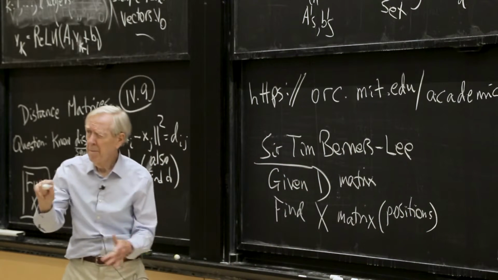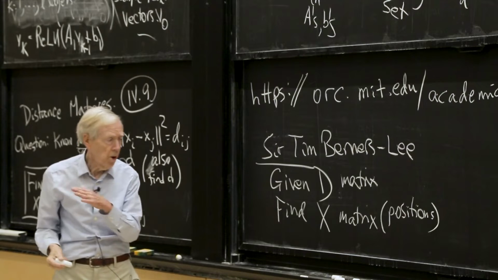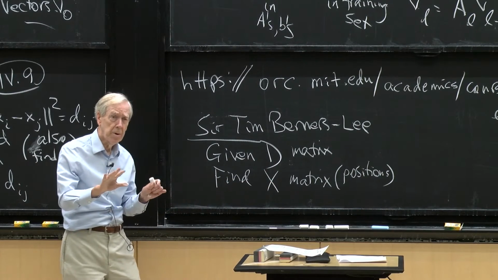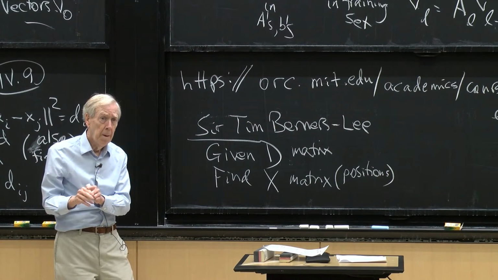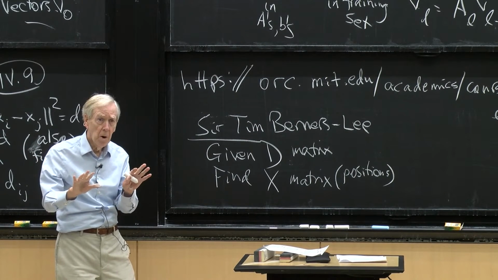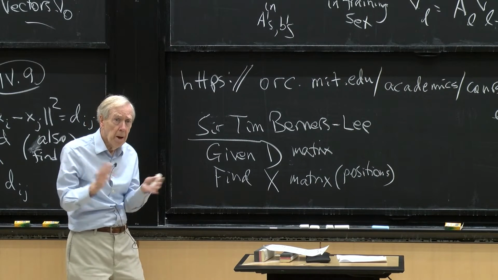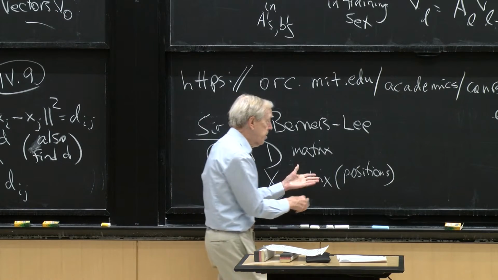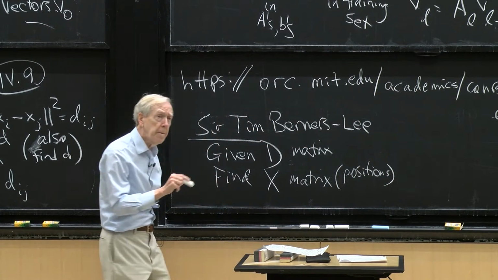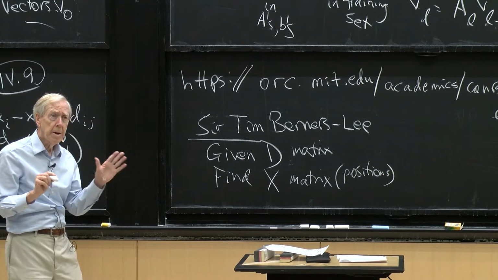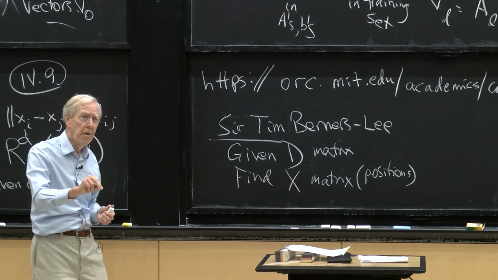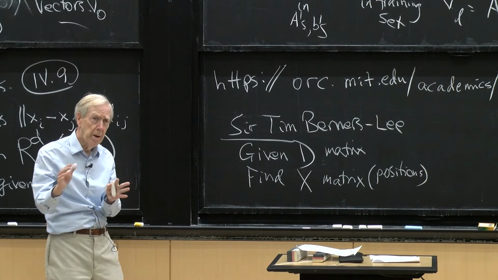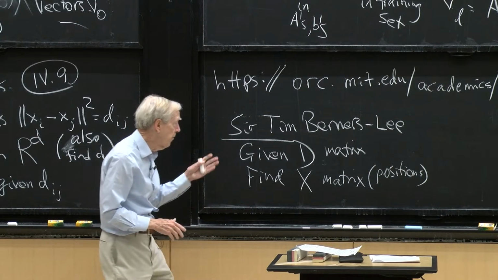And you already saw it in your mind, that if I have a set of positions, I could do a translation. The distances wouldn't change. Or I could do a rigid rotation. So positions are not unique, but I can come closer by saying put the centroid at the origin. That will take out the translations at least. Okay, so find the X matrix.